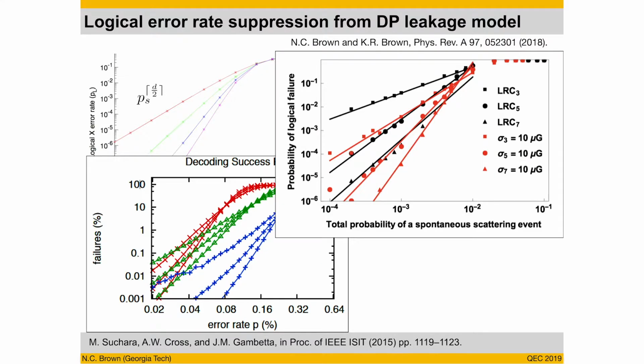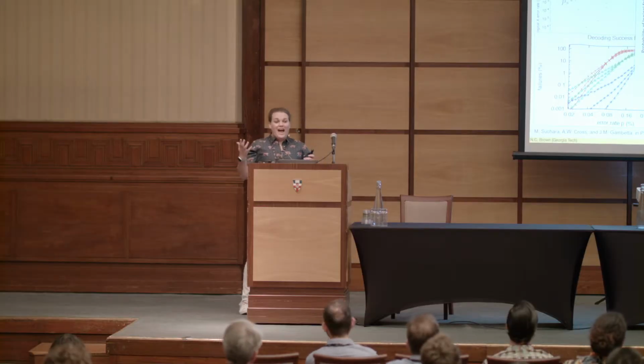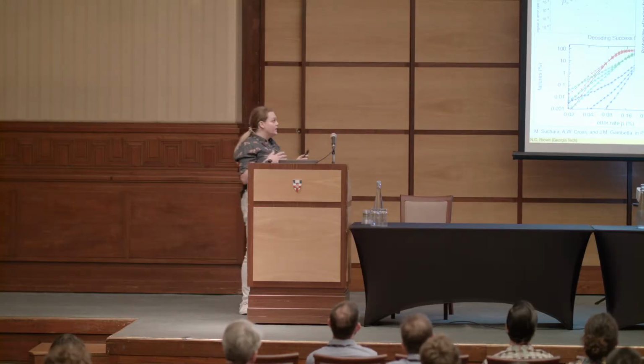Suchara, Cross, and Gambetta also looked at this model, and they studied not only different leakage reduction techniques, they also looked at how different decoders could help you. And then I got interested in this model when we were looking at two different types of ion-trapped qubits: a hyperfine qubit, which can leak but has very low dephasing noise, and a Zeeman qubit, which has very high dephasing noise but does not leak.